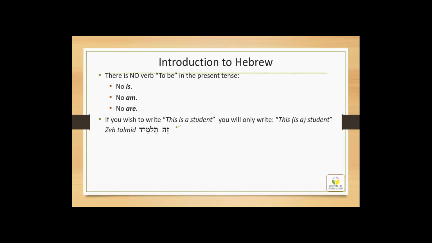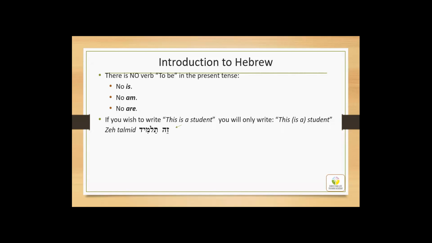So this is Ze Talmid. This is a Talmid, that is student. And if you're clever and you have your piece of paper, please write down.